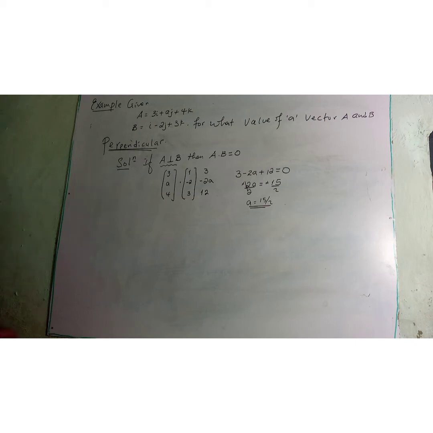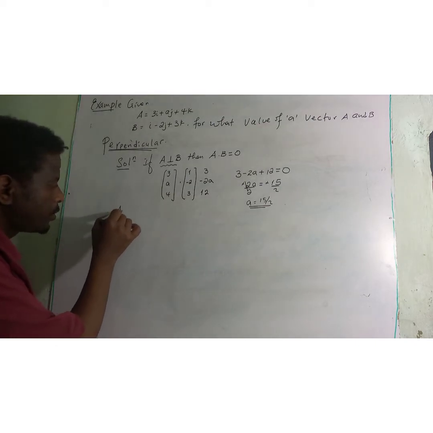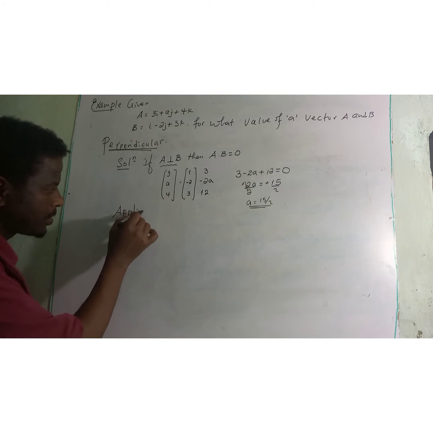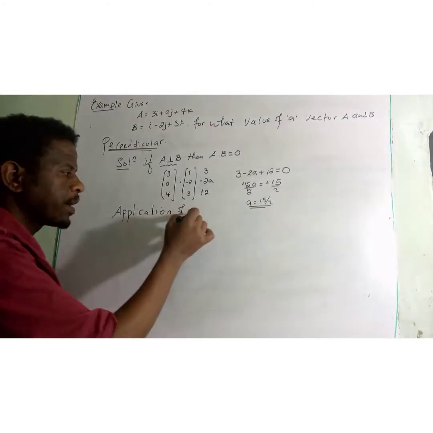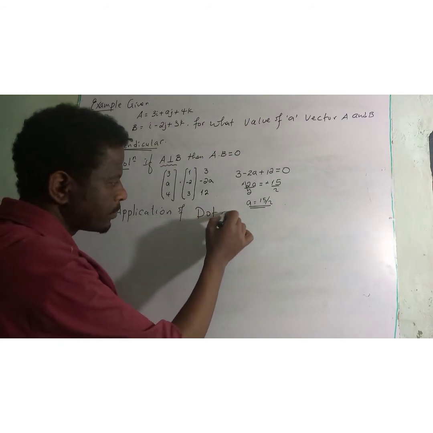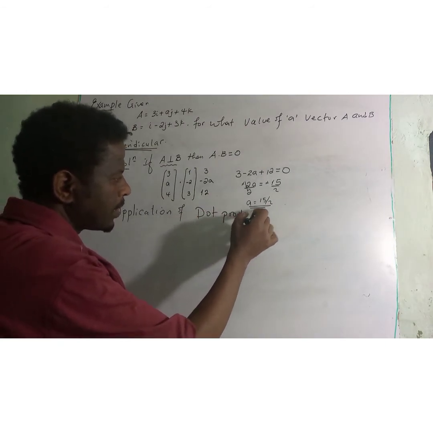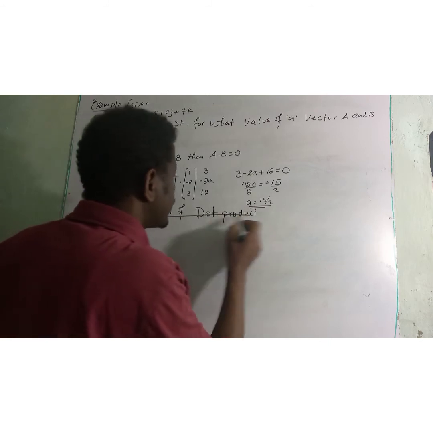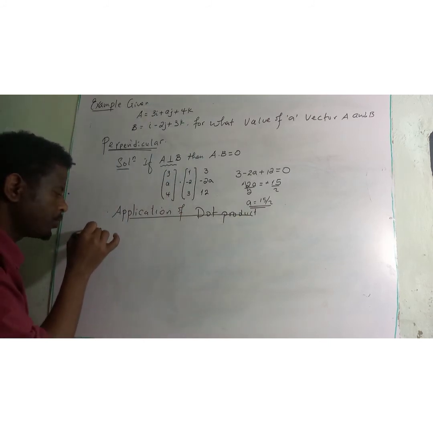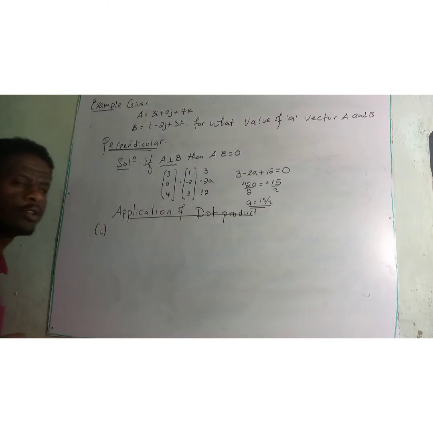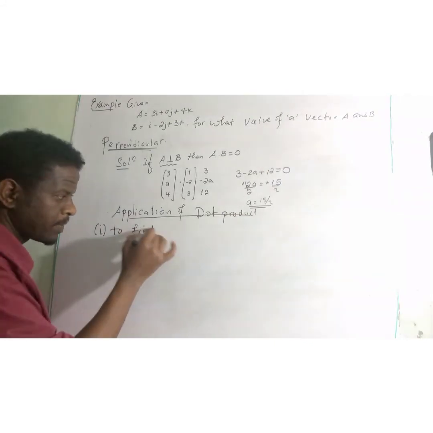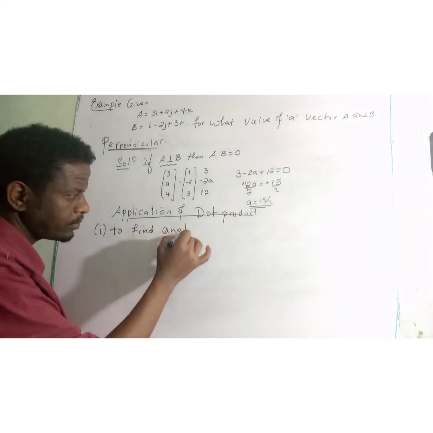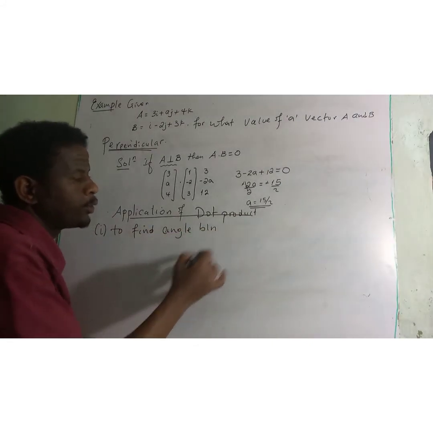Now let's see the application of the dot product. Under application, we may see two applications of the dot product. The first application of the dot product is to find the angle between two vectors.